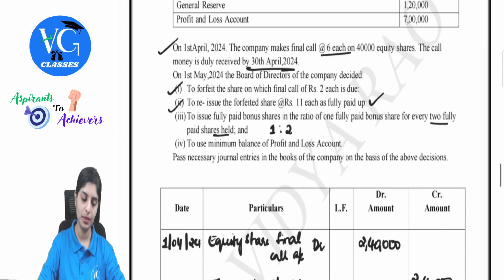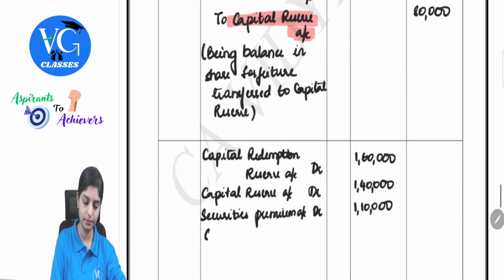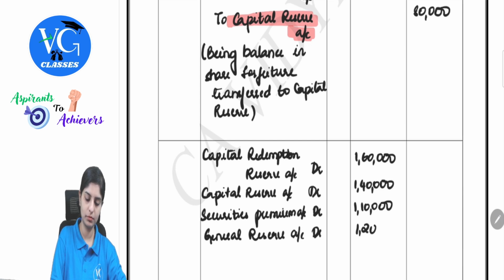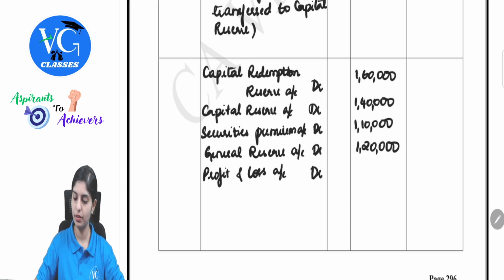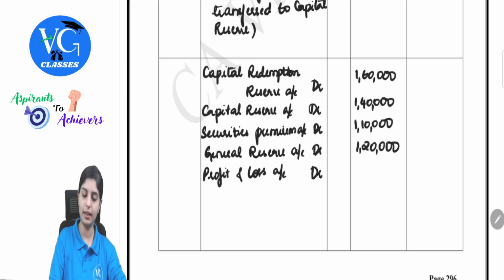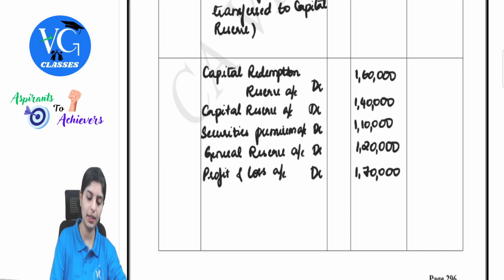Requirement is 7 lakh. So next we have general reserve 1 lakh 20. Then profit and loss account. So minus 7 lakh, I can utilize 1 lakh 70,000. Just to cross check, 160, 140, 110, 120 and 170.